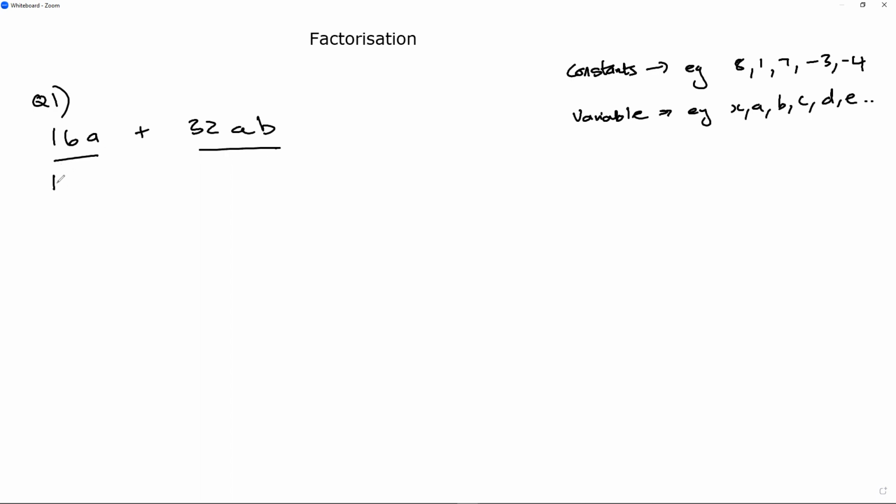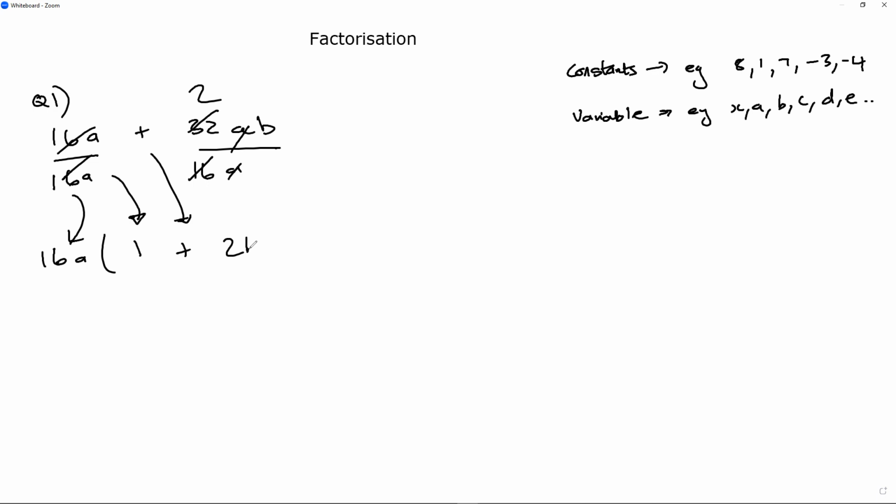And from here I can see 16 divides into both, and a. So my highest common factor is 16a. I write that outside of a bracket and I'm left with 1 plus 2b.